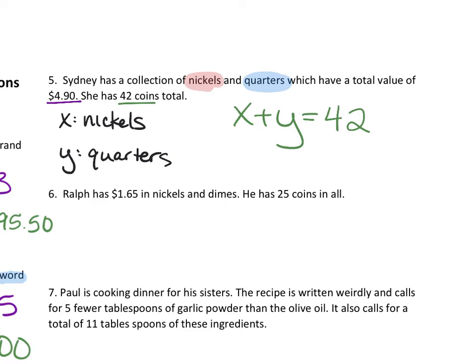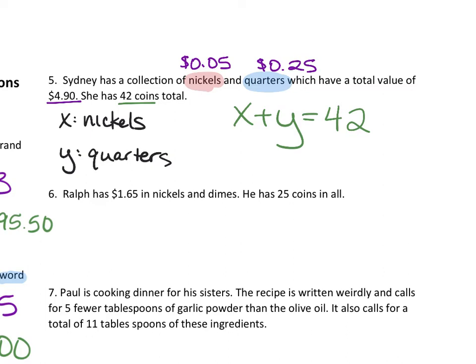Well, here we're relying on your prior knowledge about nickels and quarters. How much is a nickel worth? Hopefully you said 5 cents. Remember, 5 cents written with a dollar sign in front of it is $0.05. And a quarter written with a dollar sign in front of it is $0.25, which is 25 cents, but we've got to write them with dollar signs in front of it.